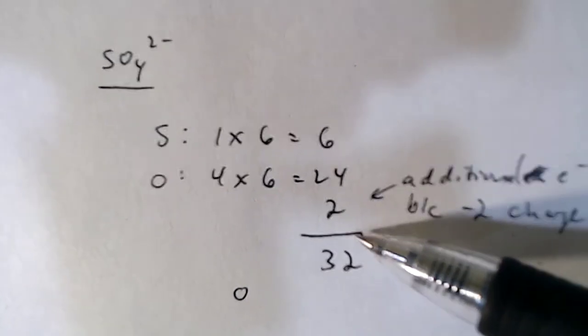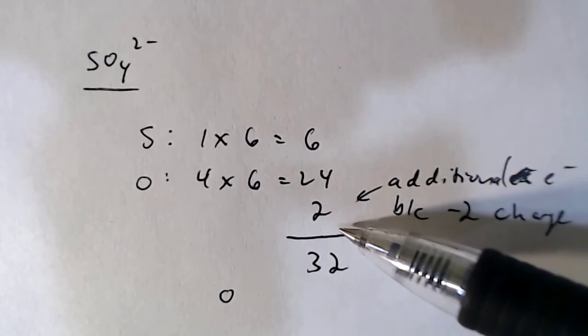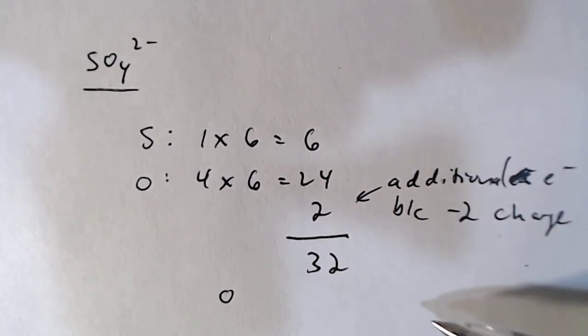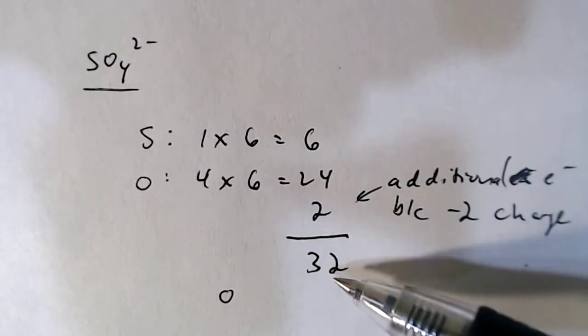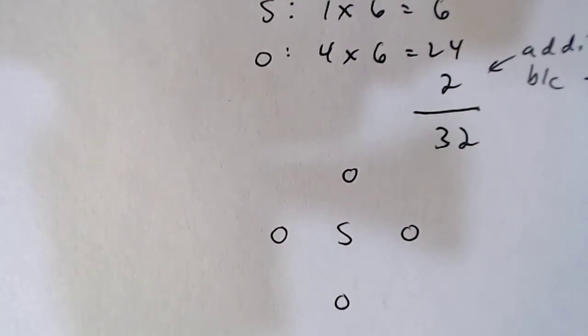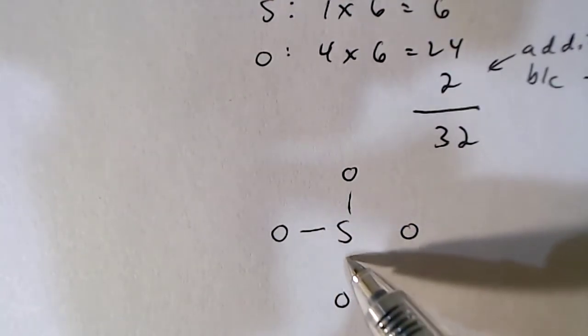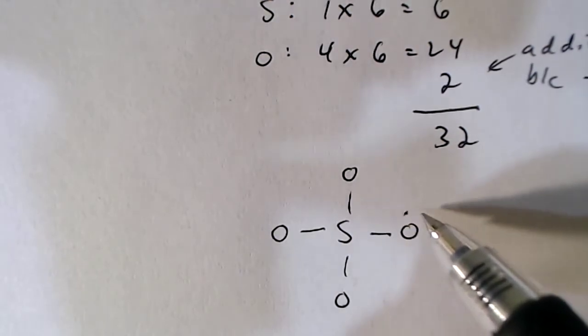If it's 2-, there are 2 extra negatively charged electrons contributing to that -2 charge. So a total of 6 plus 24 plus 2, 32 electrons we get to play with. Let's see if we can place those 32 electrons and get everyone a full valence shell.